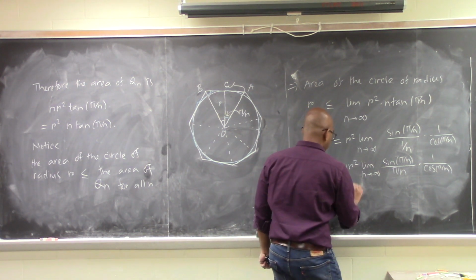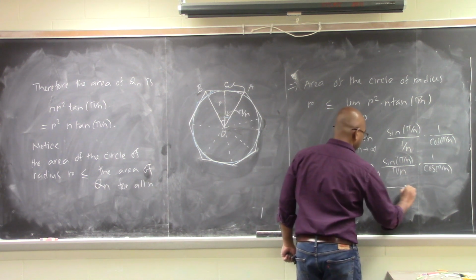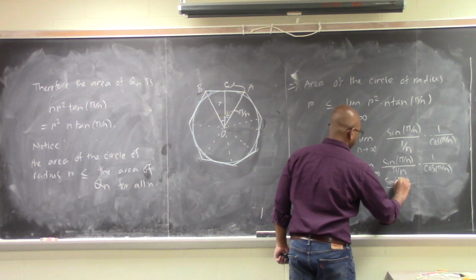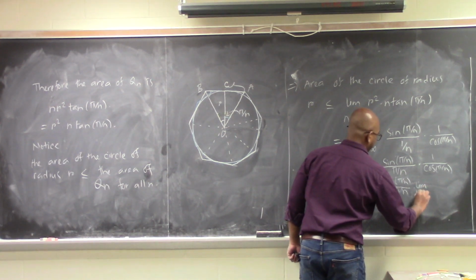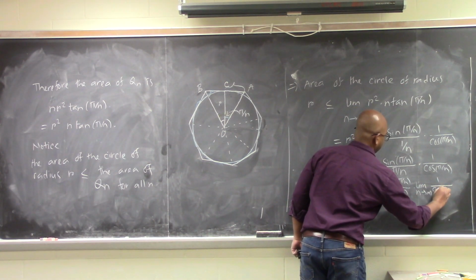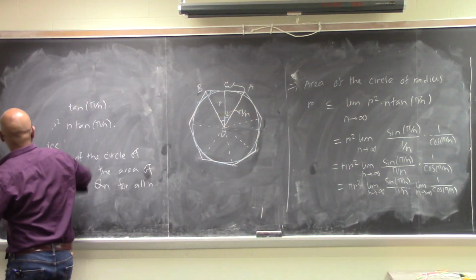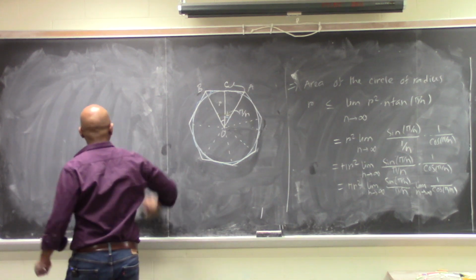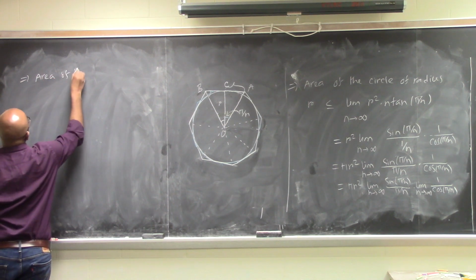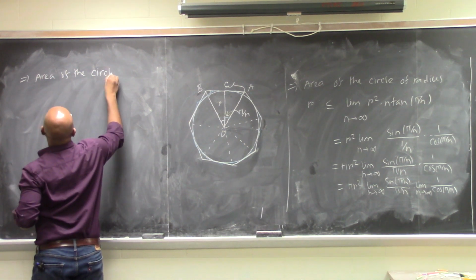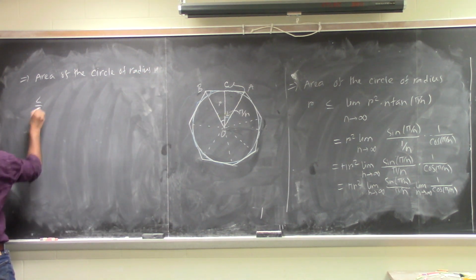So then this is pi r squared, limit as n approaches infinity. We're going to distribute this limit, actually use the product rule: the limit of sine(pi over n) over (pi over n), and then the limit of 1 over cosine(pi over n). Then that means the area of the circle of radius r is less or equal to what?